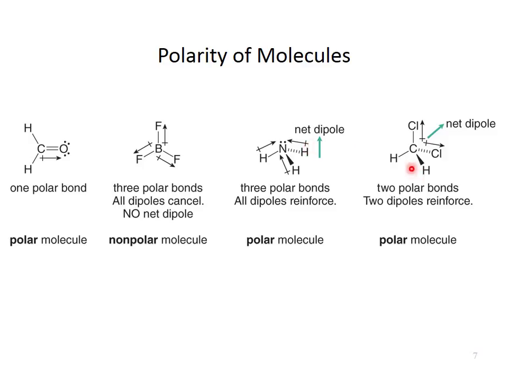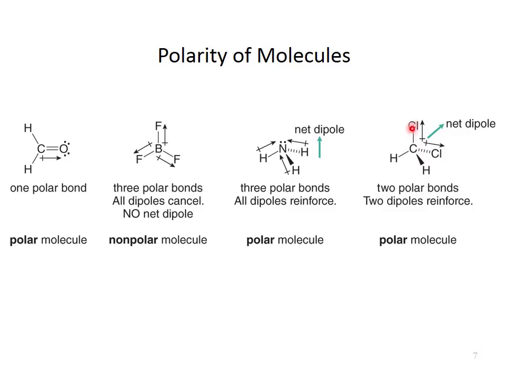Okay, now let's look at this one. This one has no non-bonding pairs. This one has carbon-hydrogen bonds, so if you want to, you can consider those to have no dipole, or you can write in del positive here, del negative there, and it's small.